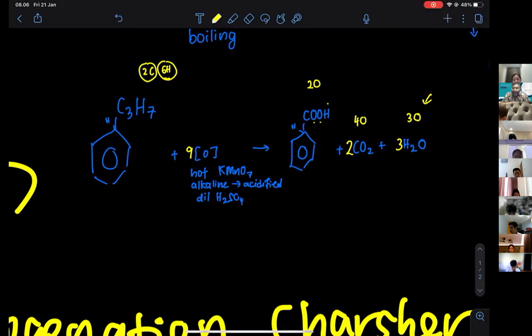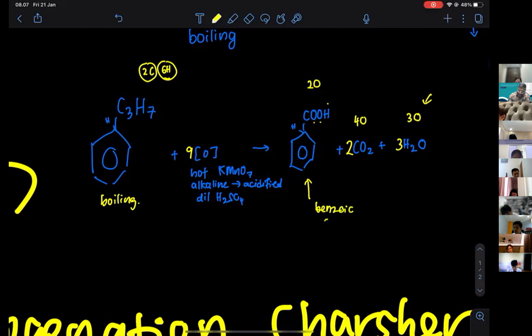So this is how I balance. You need to focus on balancing, because when they ask you to balance the equation, you need to know how. This is an oxidation reaction. The important thing is it must be boiling. Another important thing is you must have benzoic acid.